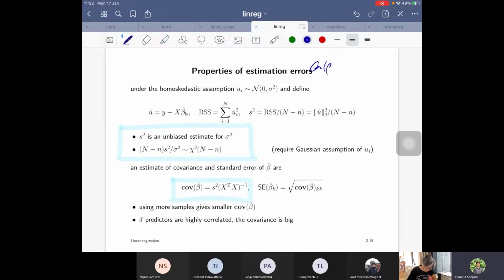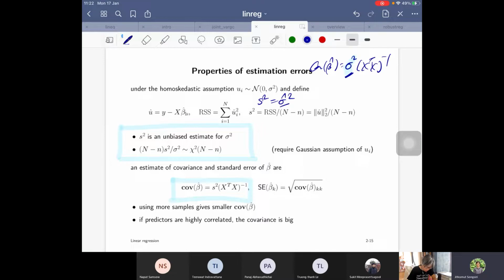Remember that the covariance of beta hat is sigma square times X transpose X inverse, right? But again, sigma square here is the noise variance that is typically unknown. So that's why in practice, we will use an estimate.